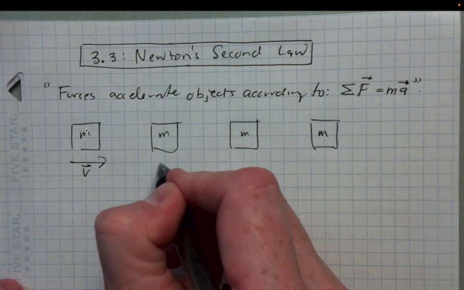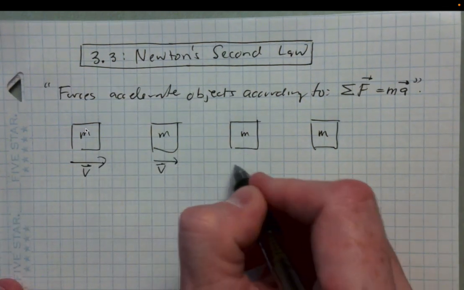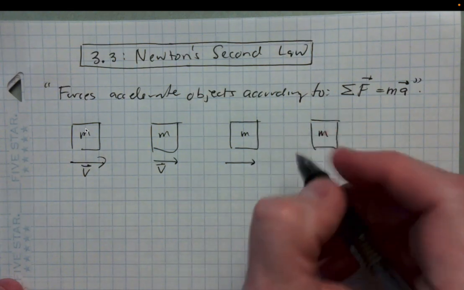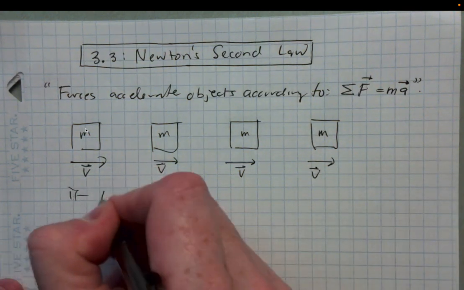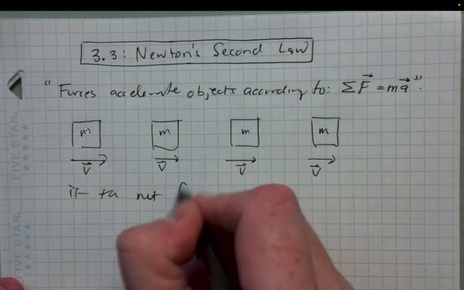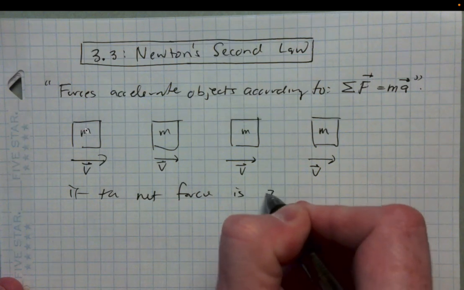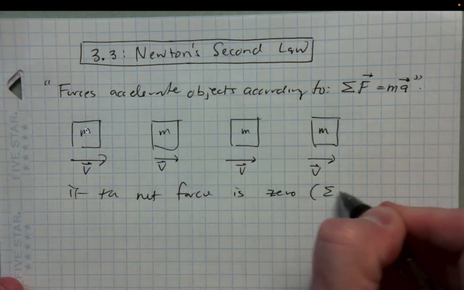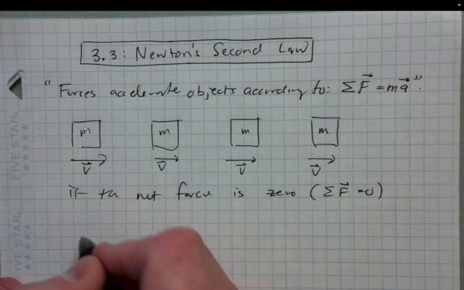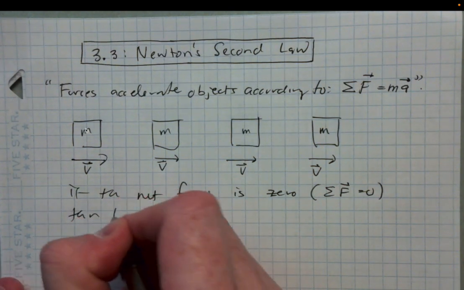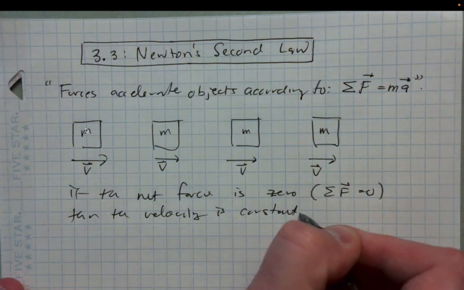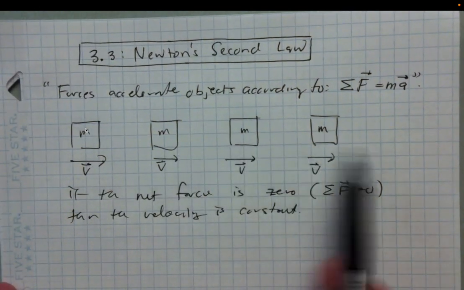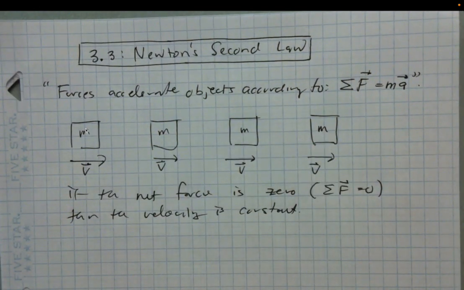And so we know that if the net force is equal to 0, i.e. the sum of the forces equals 0, then the velocity is constant. And that's what we see here. So time 1, time 2, time 3, time 4, the velocity is constant. There's no net force at work on this mass.